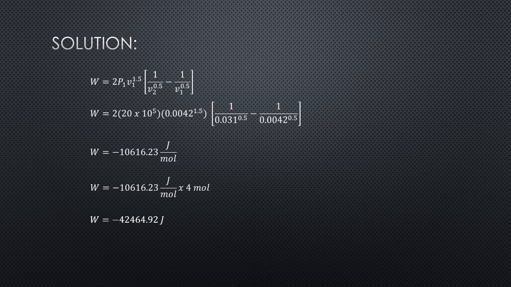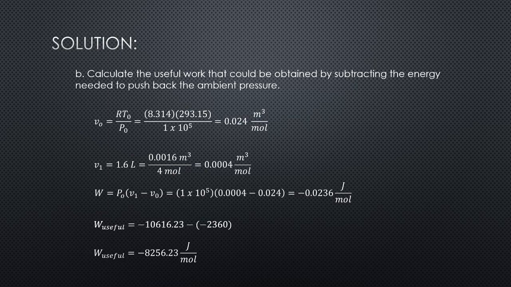42,464.92 joules. So for letter B, first we calculate the V naught, or the volume at the dead state, the point at which the piston has already expanded. So by making use of the ideal gas equation, we get 0.024 cubic meters per mole. And then for V1, we simply just convert the given 1.6 liters into cubic meters and then divide it by the number of moles.